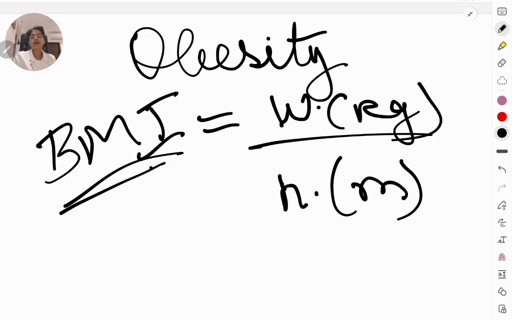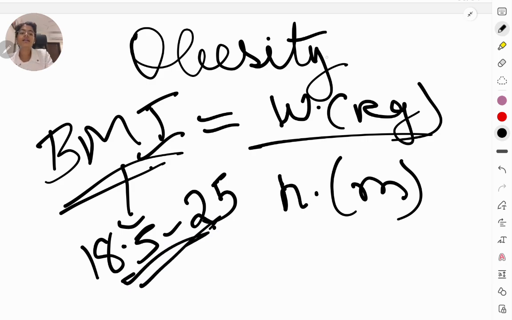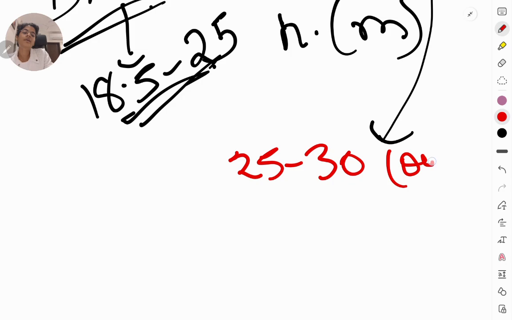By this we can decode the BMI, and if the BMI lies in the range of 18.5 to 25, then it's healthy. But in the case of obesity, if it is more than 25 to 30, then it is overweight, thereby grade 1.